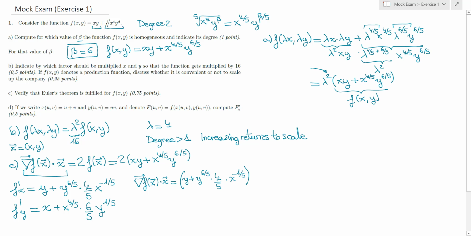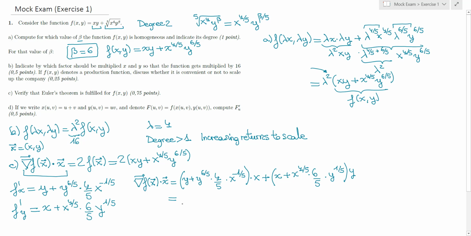This is multiplied by the first component of x, since it's a dot product, so we should multiply this by x, and then the second part of the gradient, which is the partial derivative with respect to y, we should multiply it by y. So in the end, we have this quantity, and now it's only a matter of simplifying.